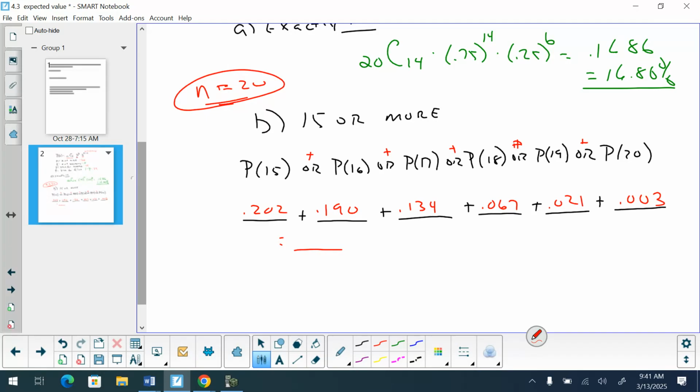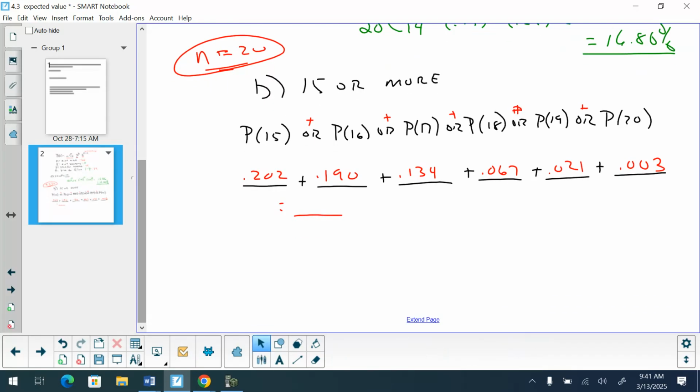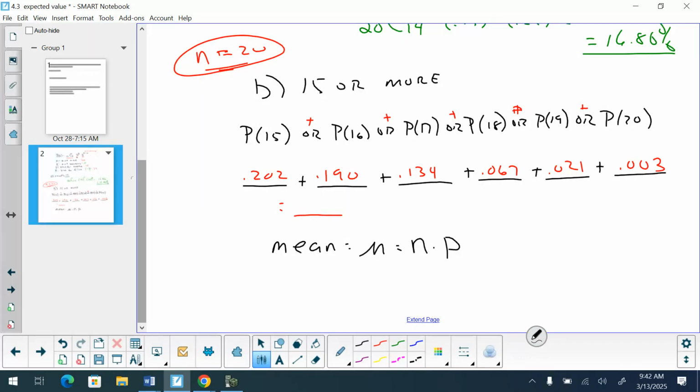Okay, at the bottom it says calculate the mean and standard deviation for the payment of honeymoon costs. So when we talk about the mean in binomial, this is just n times p. Our mean is n times p, so we have 20 times 0.75.